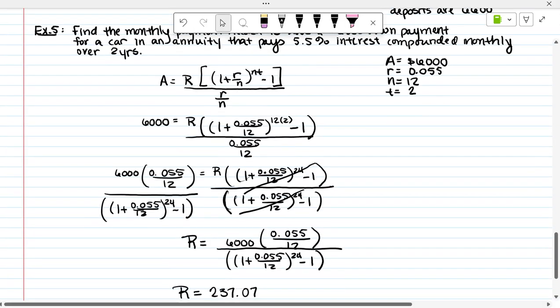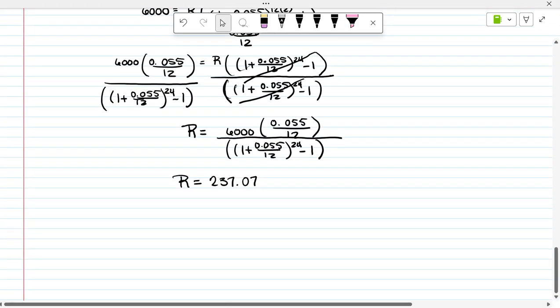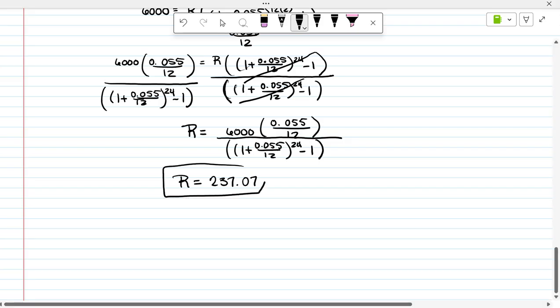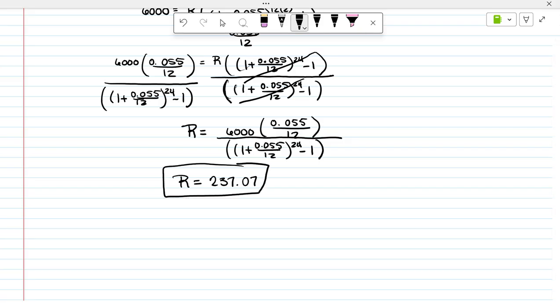Do that for how long? 2 years to acquire $6,000. So for 2 years, they're going to have to save $237 a month. At the end of 2 years, they'll have $6,000 and they can go try to get the car that they want. That car will be long gone in 2 years, and the newer model will cost way more and they'll need more than $6,000 for down payment. But just saying.